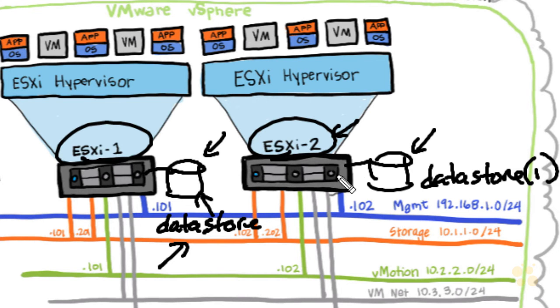These are both examples of local data stores, and we could rename them so that when we see them inside of vCenter, we would know exactly which data store we're looking at. So let's take a moment right now inside of vCenter and rename each of those data stores respectively.